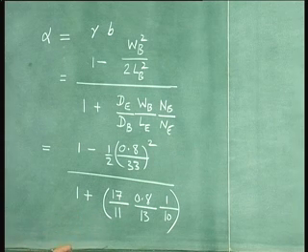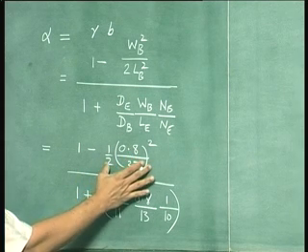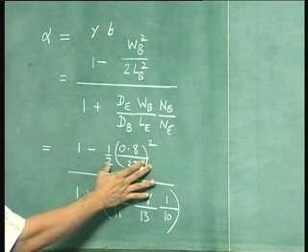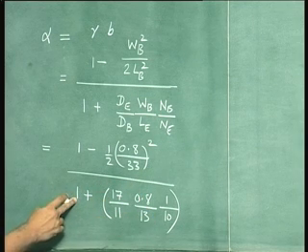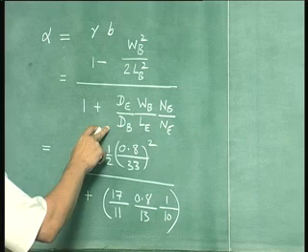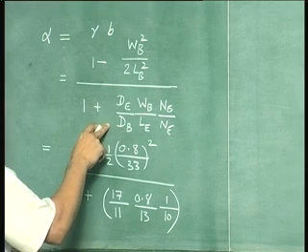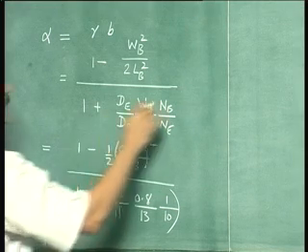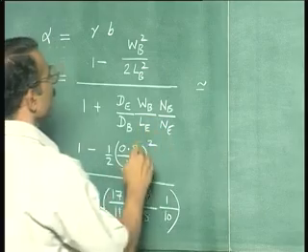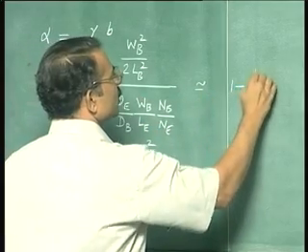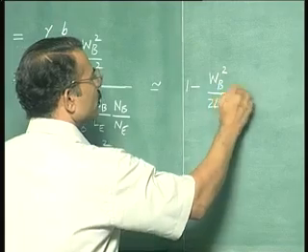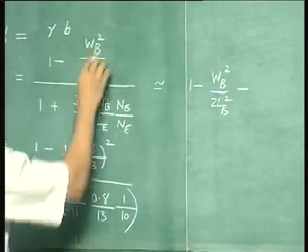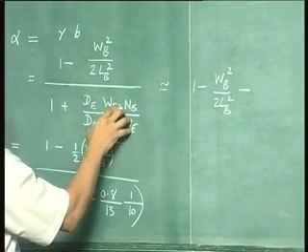First notice that this quantity is really very small. Similarly, this quantity also is much less than 1. It is for this reason that usually this formula in many practical transistors is approximated as 1 minus WB square by 2 LB square minus this term, dE by dB into WB NB upon LE NE, because 1 by 1 plus x is approximately 1 minus x.